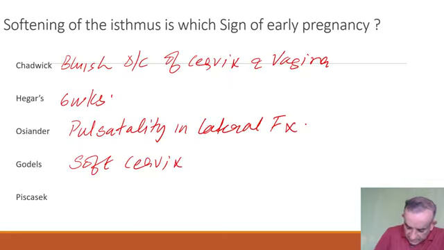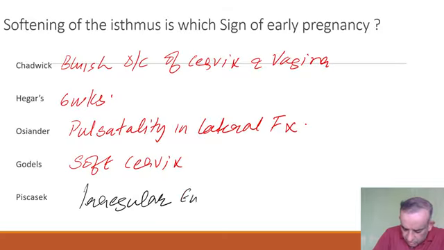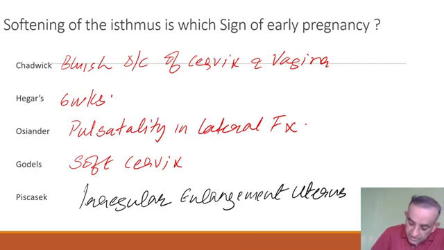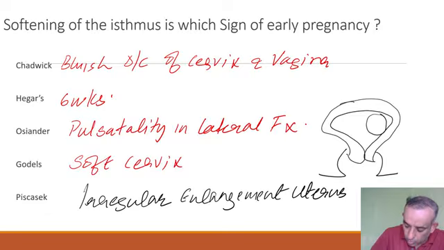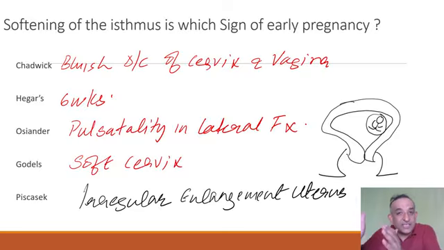And Piskacek sign, now that is an irregular enlargement of the uterus, in the early pregnancy days. That is, let's say the uterus has two corners. So when the uterus has two corners, we call them two cornua. And if the pregnancy implants, let's say, in this cornu, it's not a cornual pregnancy, it's just that the pregnancy is always implanted a little eccentric towards the side.